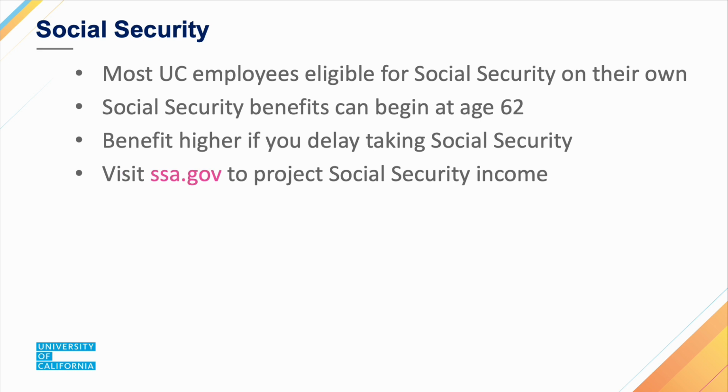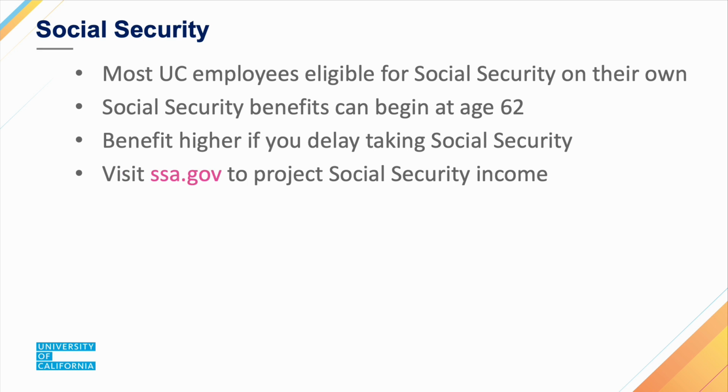You can visit the Social Security website, which is ssa.gov. You can set up an account if you haven't already done so. I would encourage you to do that. It would allow you to view your historical Social Security contributions, so that you can confirm that your Social Security record is correct.